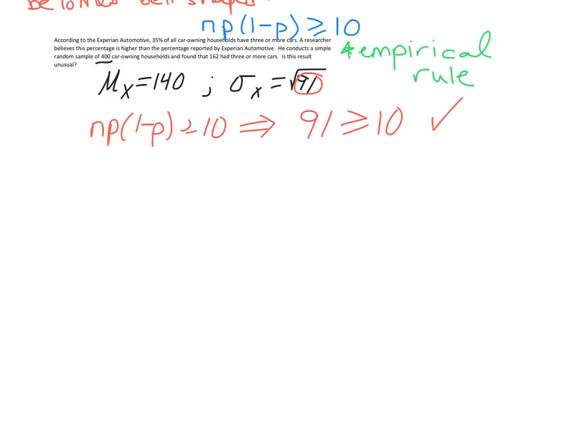So we would say that this distribution is approximately bell-shaped. So we can do all these things now with our binomial distribution. We can find the mean and the standard deviation, and we can also tell the shape. And it's approximately bell-shaped. And we're going to use that fact in the empirical rule now, because is this result unusual? Well, we'll see if it has less than a 5% chance of occurring, because we know that's what an unusual event is. Okay?